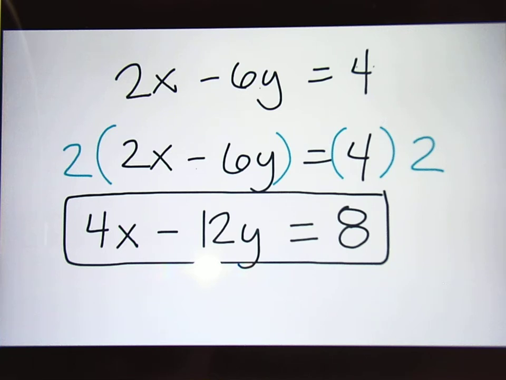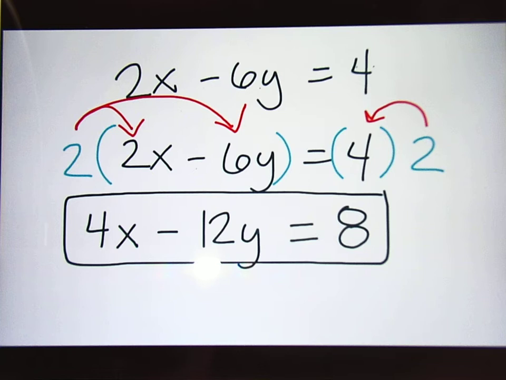We apply the distributive property, multiply 2 times 2x to get 4x, and multiply 2 times negative 6y to get negative 12y. And then we do the same with the right side. We multiply 2 by 4 and we get 8. So we put a box or a circle around our final answer. 4x minus 12y equals 8.